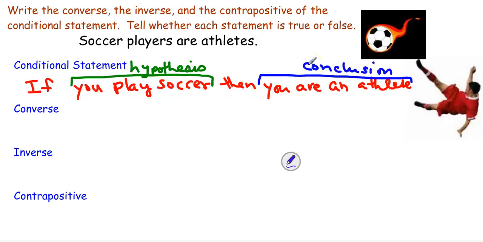So if you guys remember from the previous page, converse is when we just flip them. Converse has no nots in it. So what we're going to change this to say instead is if you are an athlete, then you play soccer.